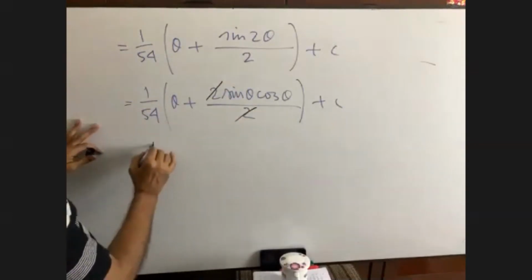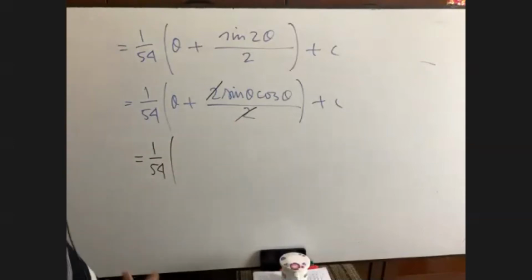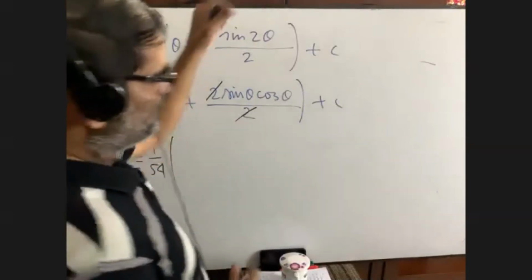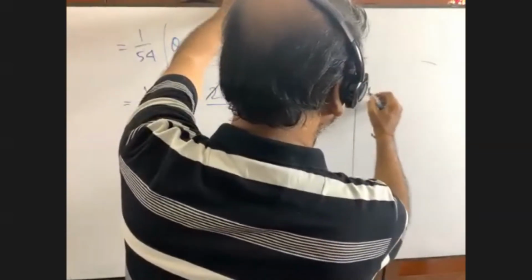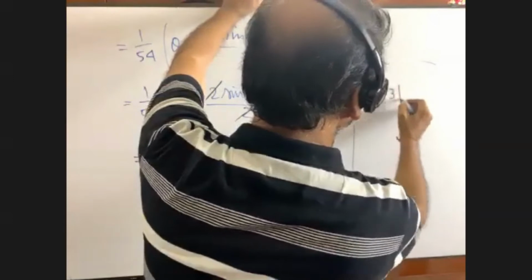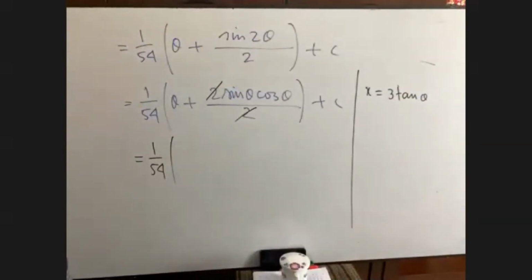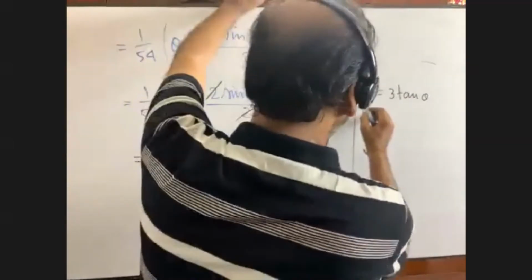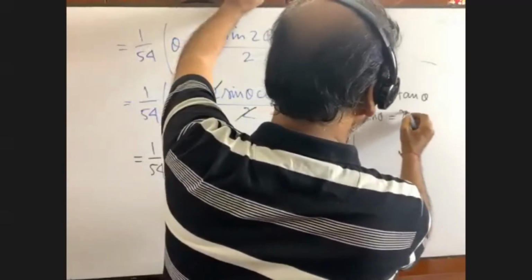So we are left with 1 by 54. Can you please let me know what's our theta? We let x equals to 3 tan theta, right? Then tan theta equals to what? x by 3.